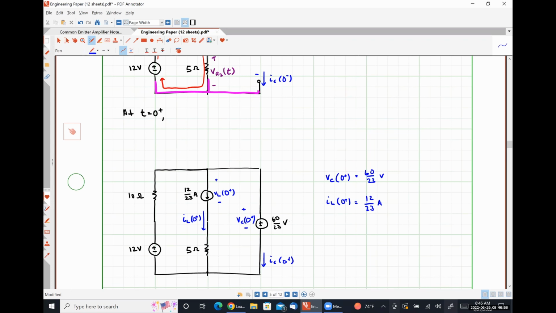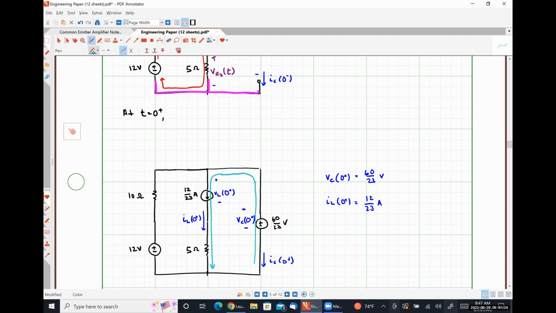So let me explain what I mean. If we were to write a KVL equation around this loop, since we know how much current is flowing through the 5 ohm resistor, and therefore we know the voltage drop over the 5 ohm resistor, the only unknown quantity is the voltage drop over the inductor.